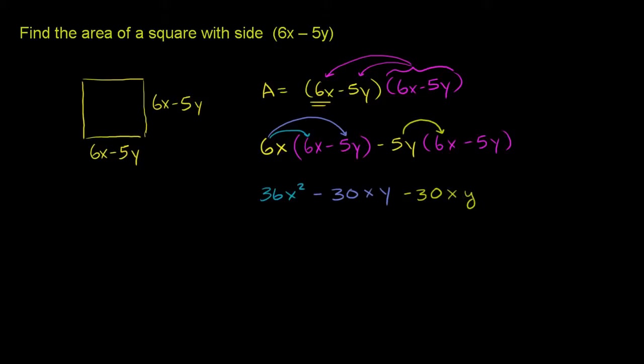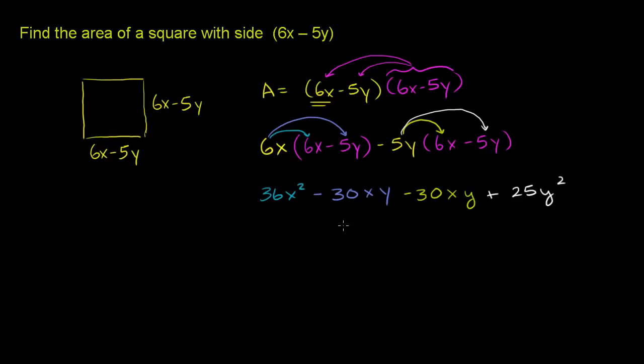And then finally, I have my last distribution to do. Let me do that maybe in white. I have a negative 5y times another negative 5y. So the negative times the negative is a positive. So it is positive 5 times 5 is 25. Y times y is y squared.